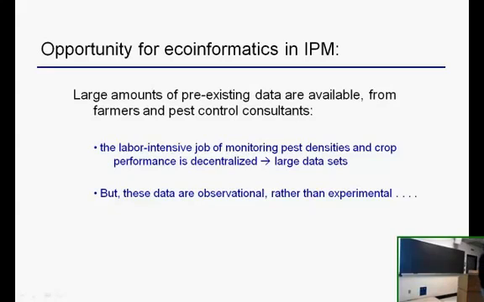Because the labor-intensive job of sampling insects is decentralized, we can potentially generate much greater data sets than we could if we as researchers had to generate those data with our own hands. But, of course, these are observational data. They're not being generated in an experimental context, and that opens up the question of whether we can extract useful research results from these strictly observational data.